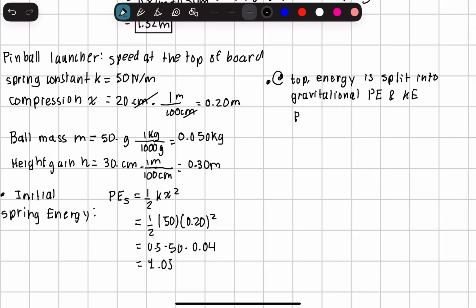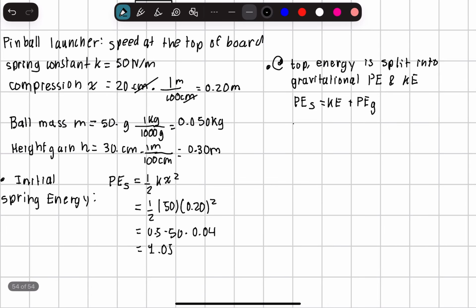So we can write that out as PE spring, the potential energy of the spring, is going to be equal to kinetic energy plus gravitational potential energy. So we know that the potential energy of the spring is 1.0, and the formula for kinetic energy is 1/2 mv squared. And the gravitational potential energy is going to be mgh.